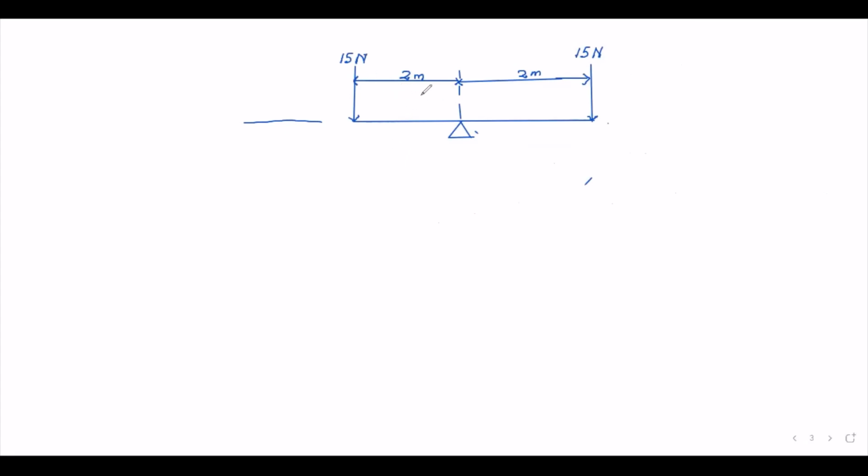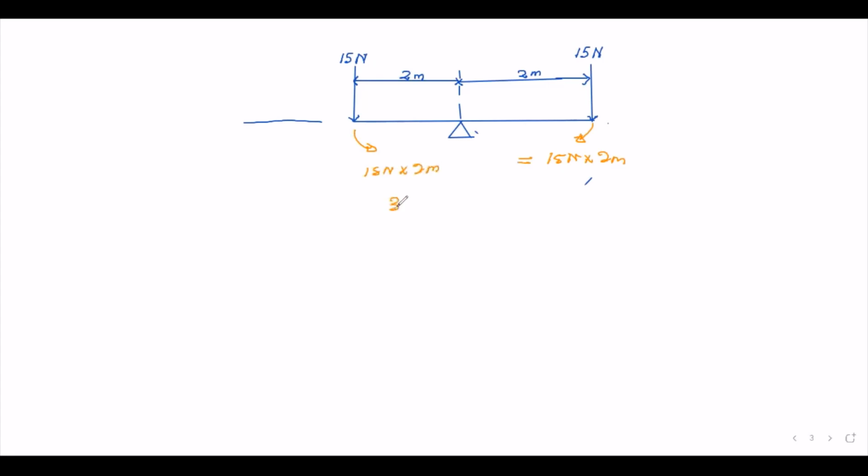Now, I hope here you'll appreciate that for this moment here and that moment there, I will have the force, which is 50 Newton, multiplied by 2 meters. And this should equal to this side here, I have 15 Newton, multiplied by 2 meters.